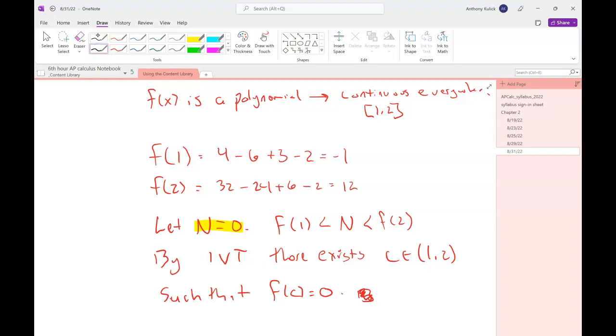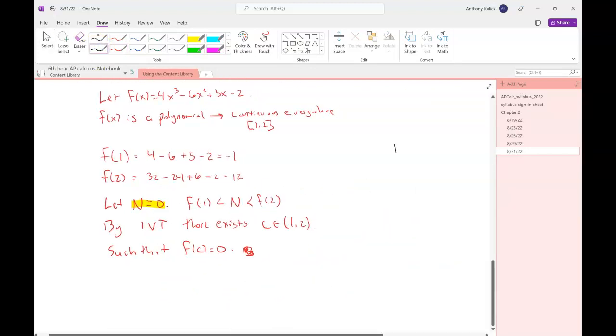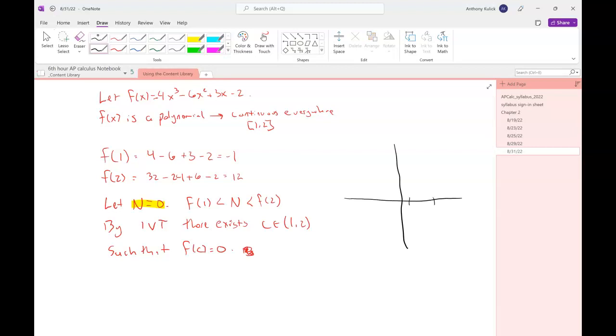Now, what did we really do here? I want to point out just graphically what this really did, because it's one of these no-doy things. So here's 1 and 2, right? At x equal to 1, y was equal to negative 1. And when x is equal to 2, y is equal to 12.